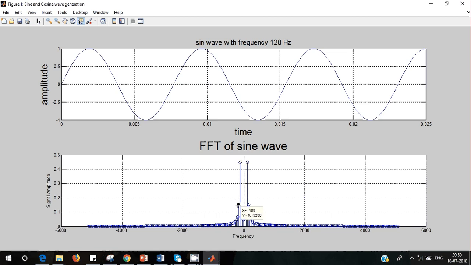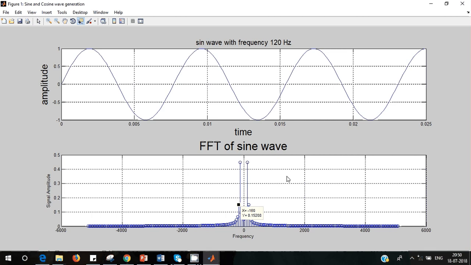So between these two bins the energy is spread, because it understands that there is no in-between bin, since your resolution is 40 hertz. It can understand only multiples of 40. So it says there is a spectral value somewhere in between these two. 130 is nearer to 120, therefore this peak will be higher compared to the peak at 160 hertz. This is called spectral leakage.